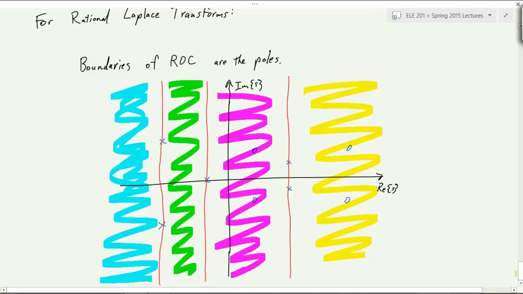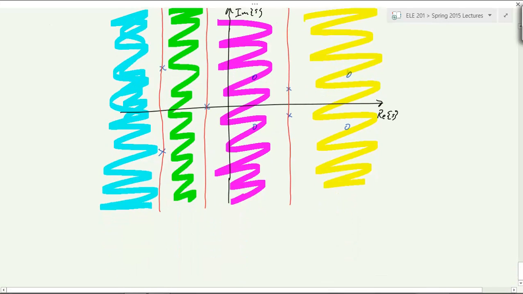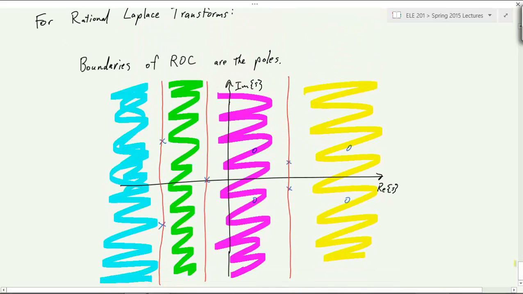So there we go. Just from the pole locations, notice the zeros didn't matter in defining the region of convergence. Only the poles did. And it makes intuitive sense that the poles are going to be at the boundaries of your region of convergence, because clearly the poles have infinite values there, which should ring out to you that that does not converge, right? So the poles are like points that do not converge. Turns out they're the only boundaries of the region of convergence.